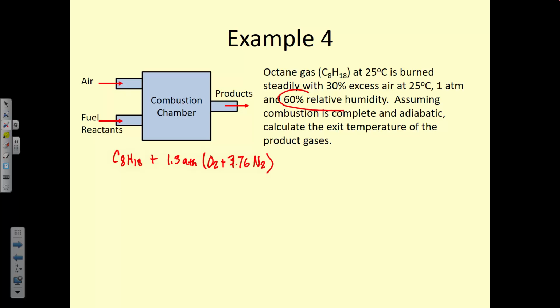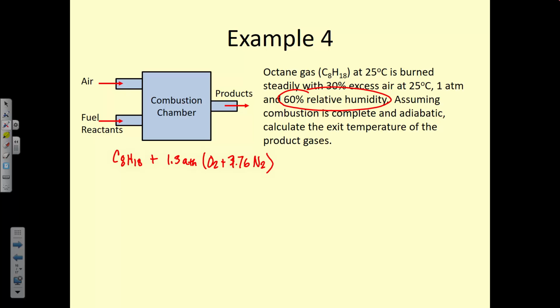And in this case, we have 60% relative humidity. There's a process to go through in order to determine the relative humidity. We don't have full time to do that, but this example is online, and in your homework, you'll need to do it as well. So if you have additional questions on that, you can ask me, but it's not that hard to figure out. You just have to do an equation.